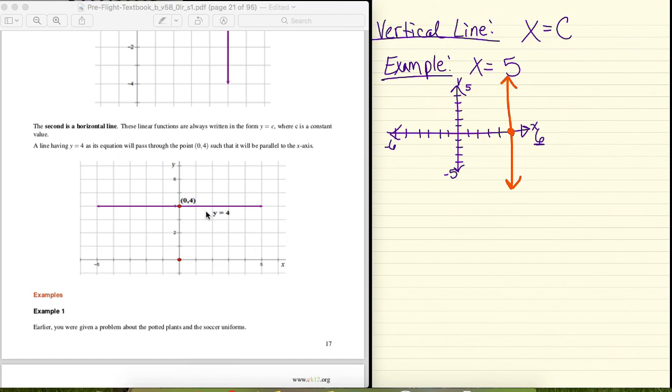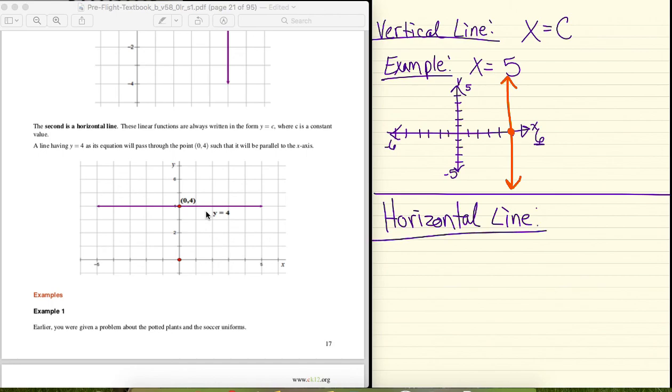Next, we have a horizontal line, and a horizontal line works similarly, but it's horizontal, so it's going in the other direction. Oops, I'm just going to draw a line to partition this off. So horizontal line. So with these vertical and horizontal lines, you do not need to create an input-output table because they're straight like this, vertical or horizontal, because they have a constant value and they don't have any slope or slantedness to them.